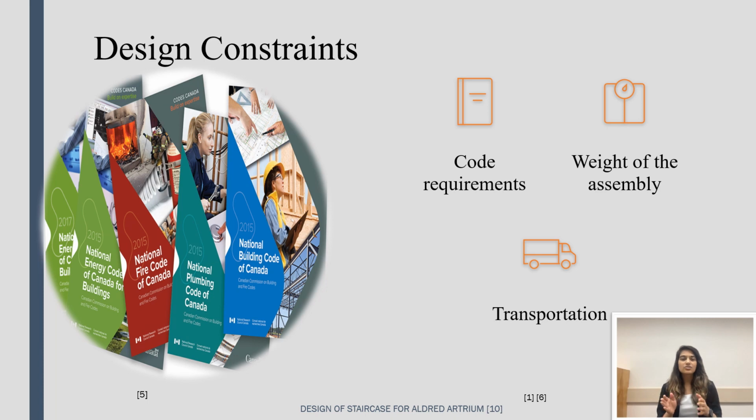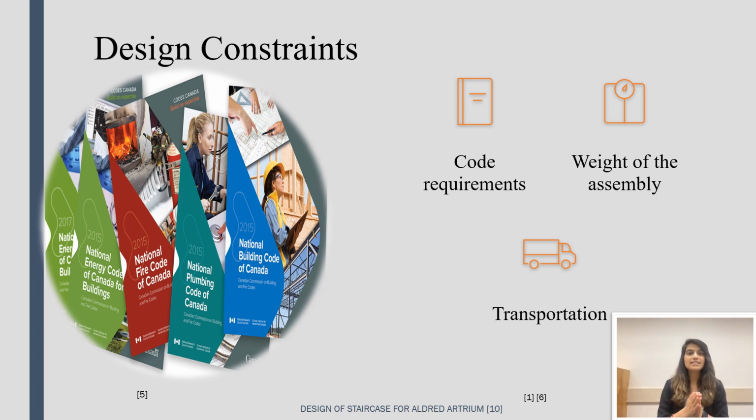While designing a structure, some of the National Building Code requirements are a necessity to be followed, which is one of the design constraints while analyzing any structure. Not to forget, the weight of an assembly plays a very vital role. Also, during transportation, if the structural length is too long, then it could be an issue and we will have to pay extra cost, or there is a fear of damage during transportation.